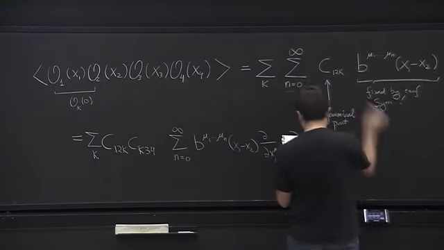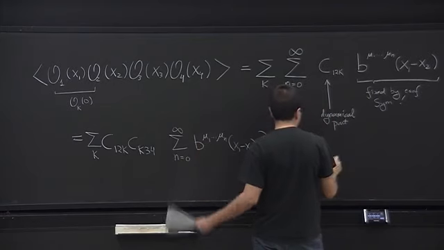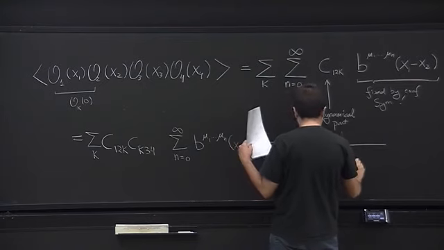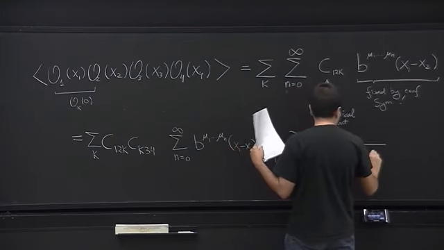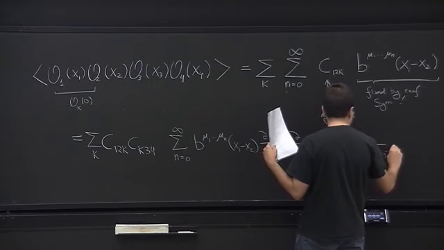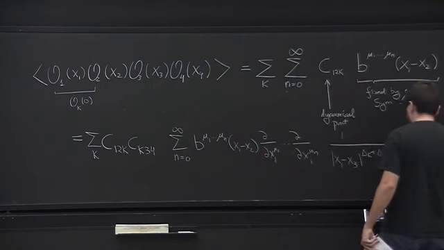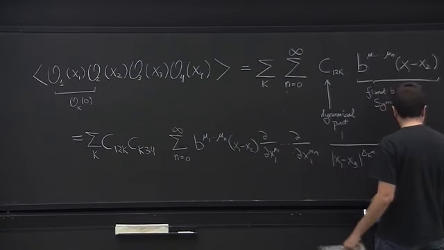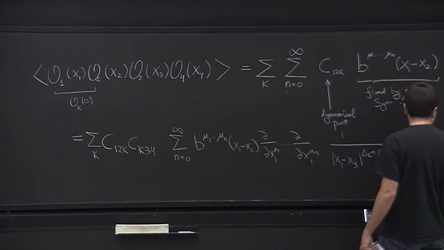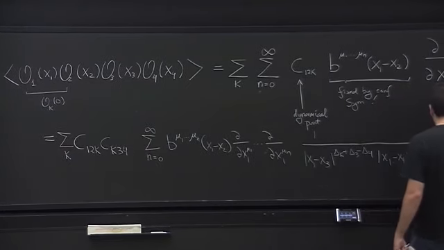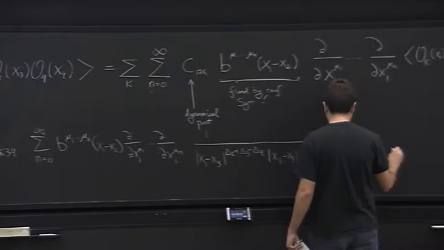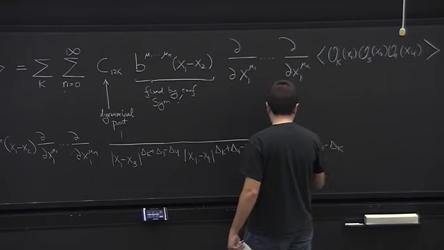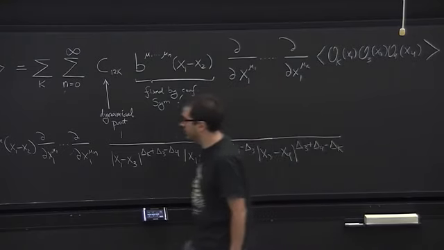What is the 3-point function when I took out the structure constant? It is just a space dependence, 1 over x1 minus x3 to the power delta k plus delta 3 minus delta 4, x1 minus x4 to the power delta k plus delta 4 minus delta 3, and x3 minus x4 to the power delta 3 plus delta 4 minus delta k, totally fixed again by conformal symmetry, the space dependence.